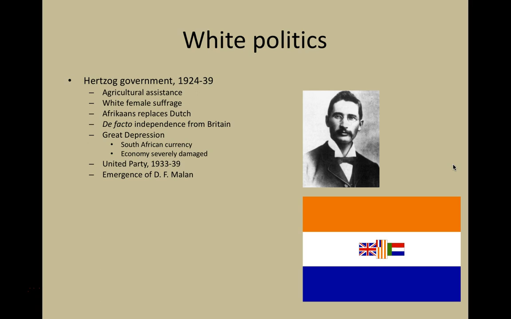D.F. Malan, Daniel F. Malan, who was a minister in the Dutch Reformed Church. He had been an editor of a newspaper. He was a well-known figure among the Afrikaners. Founded a political party which he called the Purified National Party.